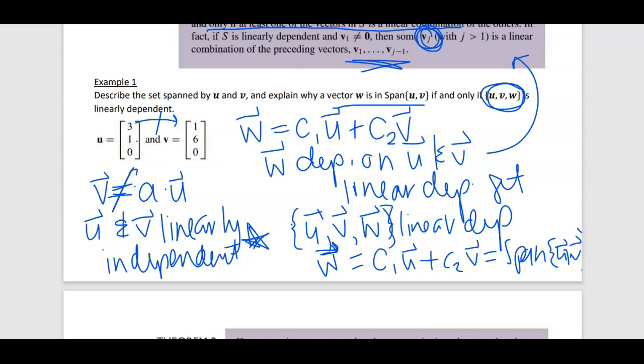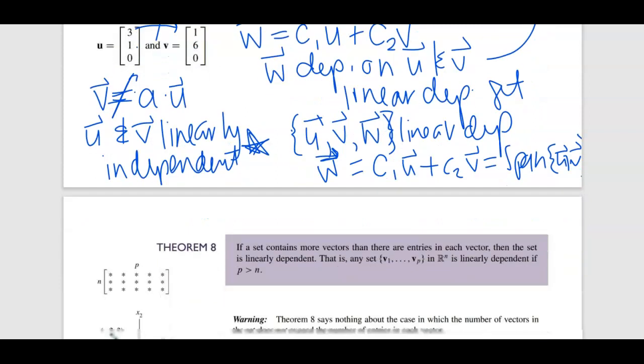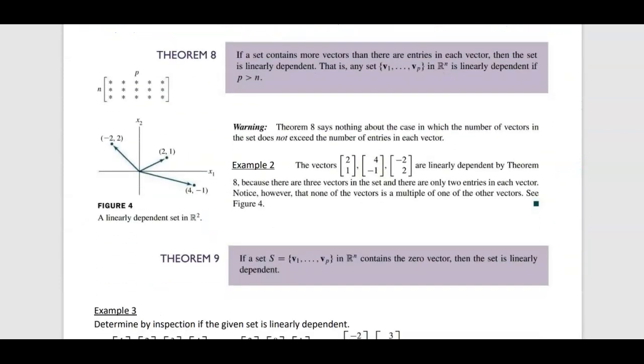Okay, so there's a little proof for example 1. Let's look at another theorem in our book.